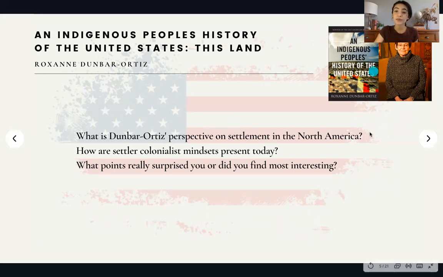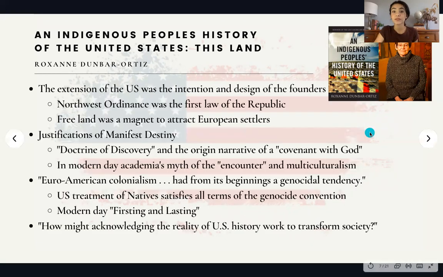So I've done a brief outline of some of the biggest points of the reading. The first one being that Roxanne Dunbar Ortiz suggests that the extension of the United States geographically was the original intention and design of the founders.